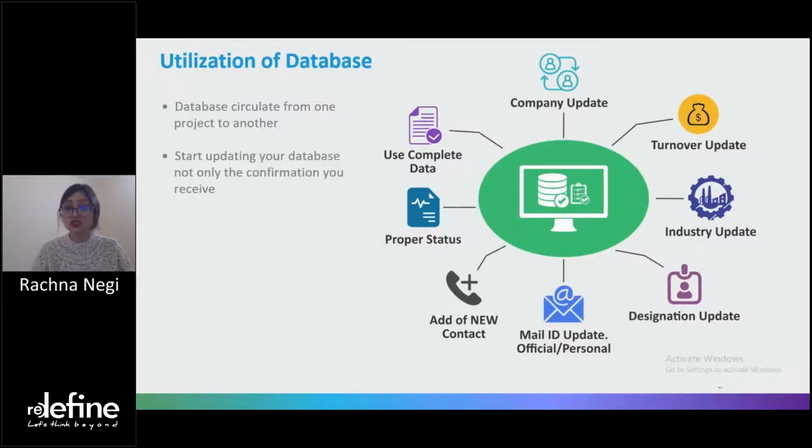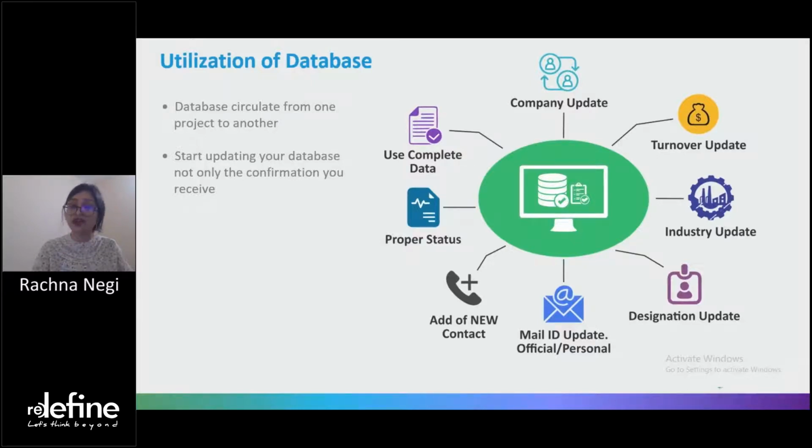So whenever you're using your own database for any event, try to update all of these things, so that next time, whatever criteria and whatever kind of event comes to you, you get the proper, updated records. The same goes for industry update, turnover update and company update. These updates are again very important. You might get an event next time which is only for particular industry verticals.